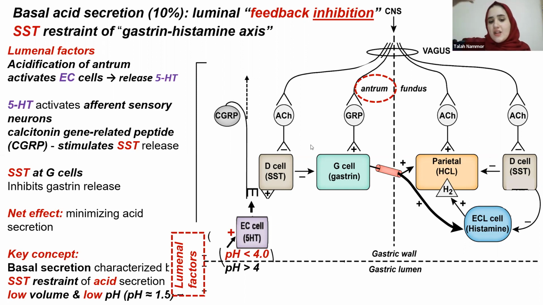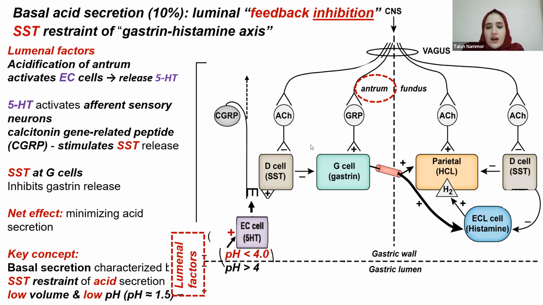Interchromaffin cells will release serotonin. Serotonin is what causes the activation of the D cell, meaning the release of somatostatin. That's the only idea.